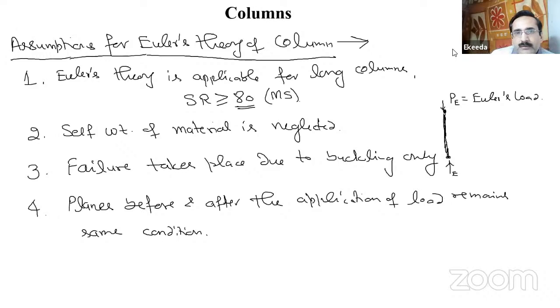So let us go to some of the end conditions of the columns. Now we are talking about the end conditions. When columns are applied, there are different end conditions. So we will take a few particular types of end conditions on which the failure may take place.